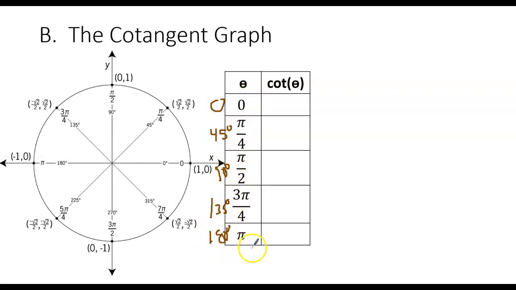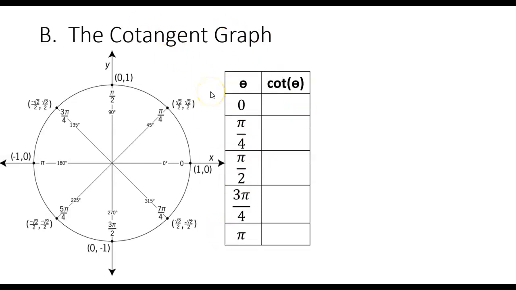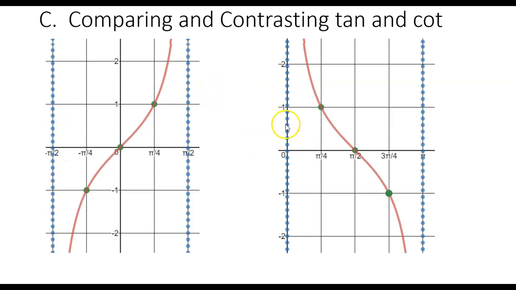It's a little bit hard to see that in radians. Tangent works the same way. We go back here. This is negative 90. If you add 45 to that, you get negative 45. If you add 45 to that, you get 0. If you add 45 to that, you get 45. And if you add 45 to that, you get 90. So the other graphs that we've graphed so far, they were spaced by 90 degrees, but tangent and cotangent are spaced by 45s, and that's because they have a shorter period.